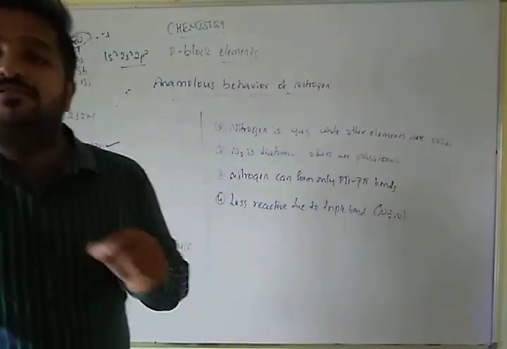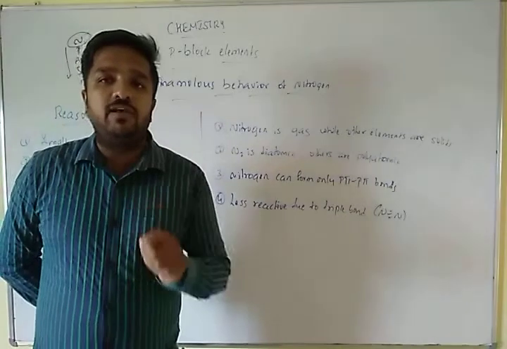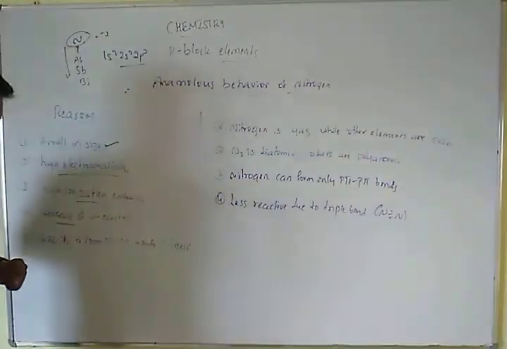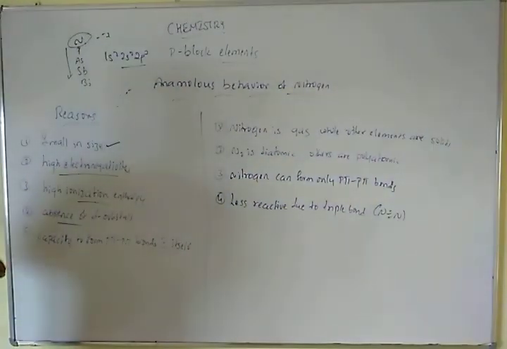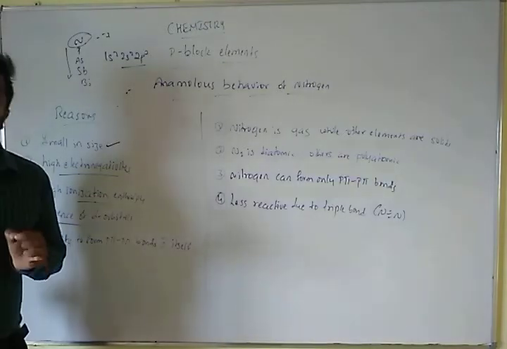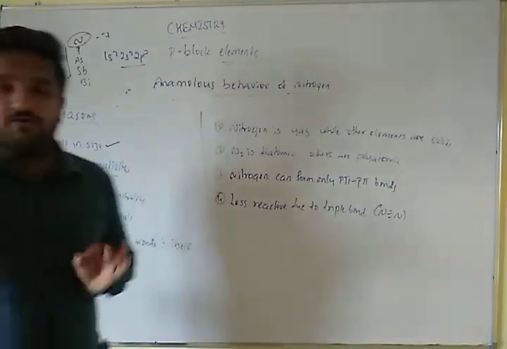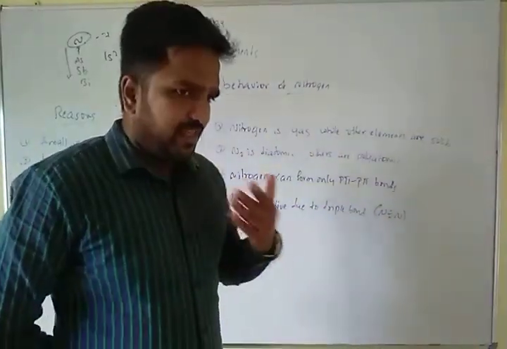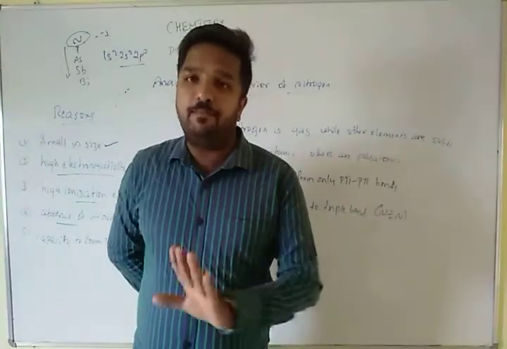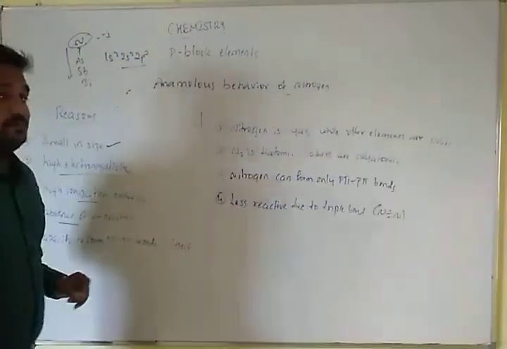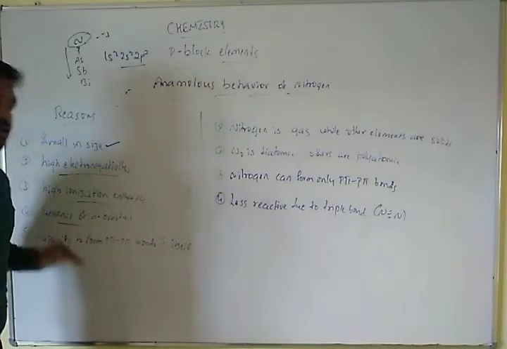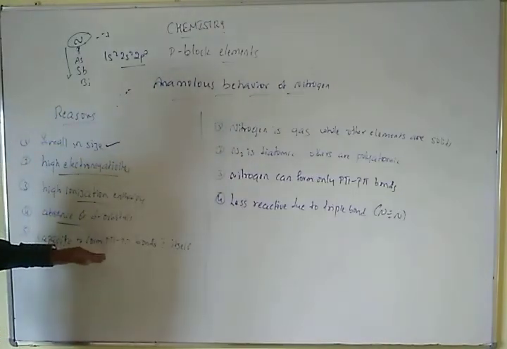So the absence of d orbitals also plays a major role in the anomalous behavior of nitrogen. And the fifth one is that it can only form pπ-pπ bonds with itself, because it cannot form pπ-dπ bonds as there are no d orbitals. So the only possibility is that it can form only pπ-pπ bonds.